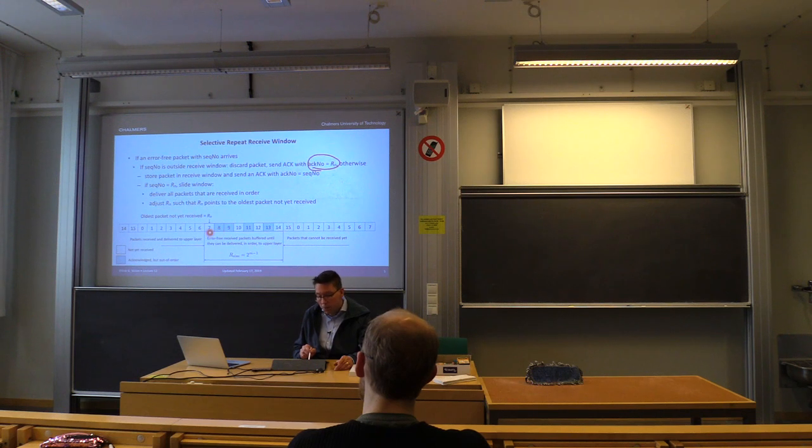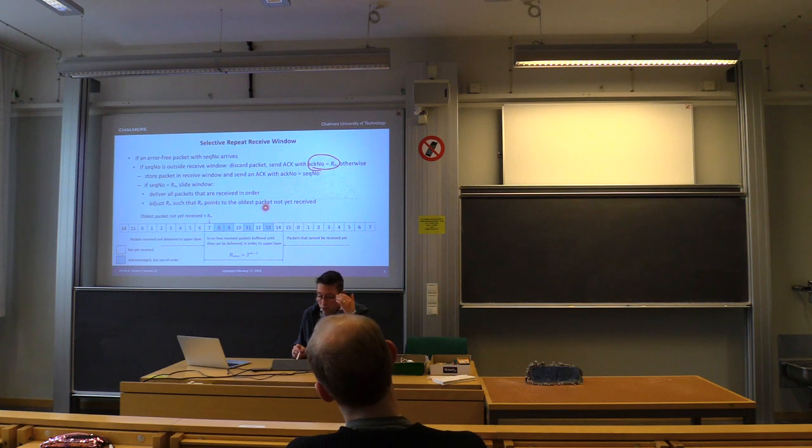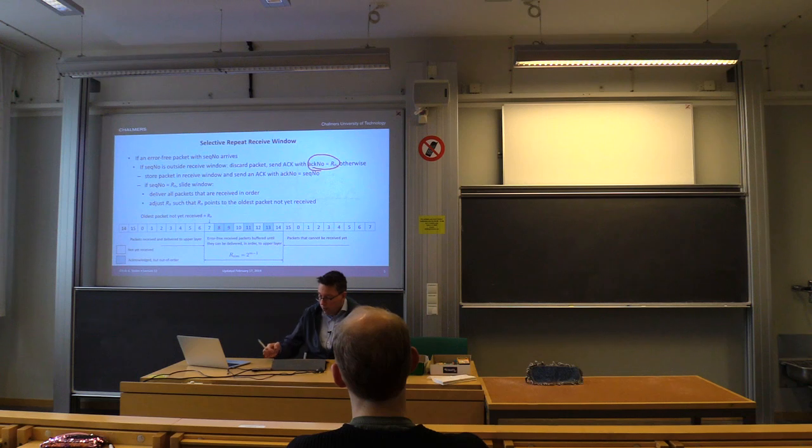Okay, so it's a packet that we have received, and we can deliver then packets 7, 8, 9 in this case, and then we can slide the window to start at 10 instead. Okay, so we deliver all packets that are received in order, and we adjust Rn such that Rn points to the oldest packet not yet received. Okay. Any questions on this? No?